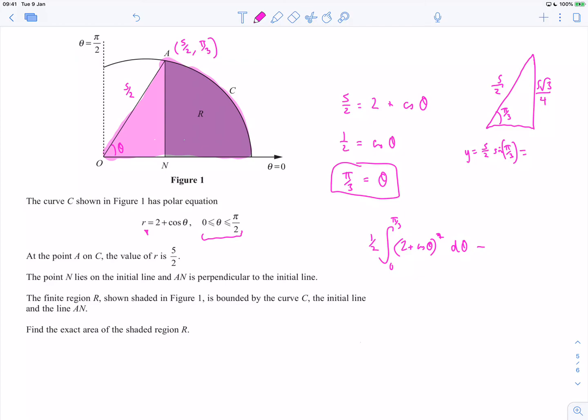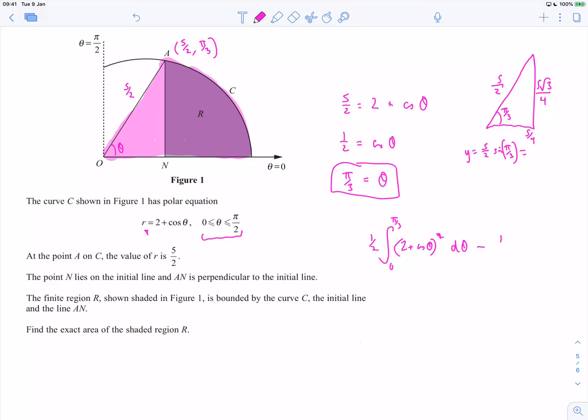5 over 2 cosine of pi over 3 to get the horizontal, and that's 5/4.